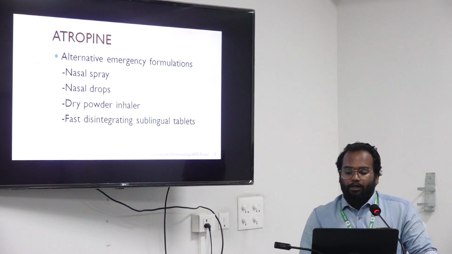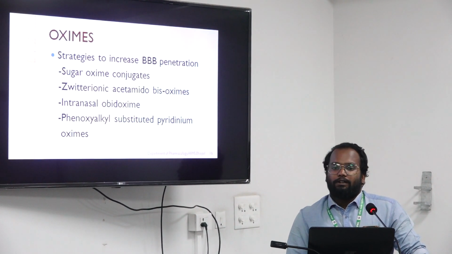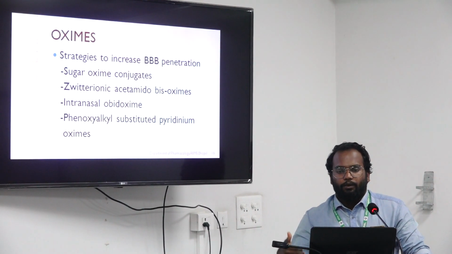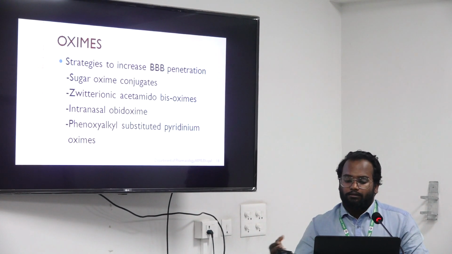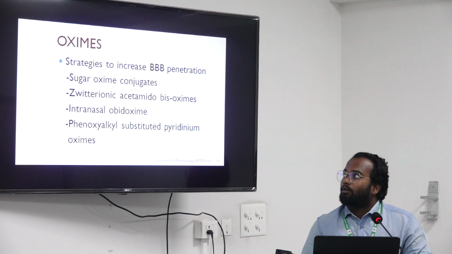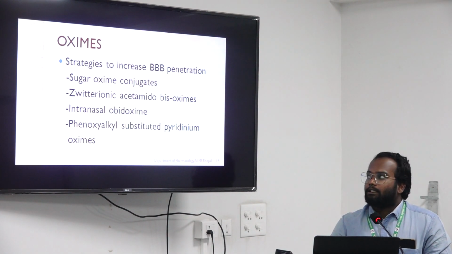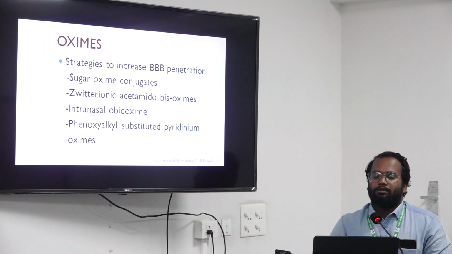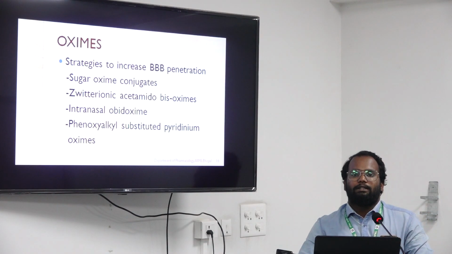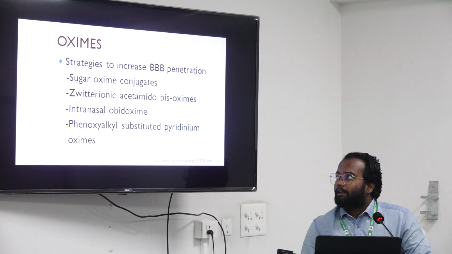Then moving on to oximes. First, just to increase the CNS penetration, they have made some sugar oxime conjugates, which have more CNS penetration. One more concept is the zwitterion concept, which renders more CNS penetration to the oxime compounds.